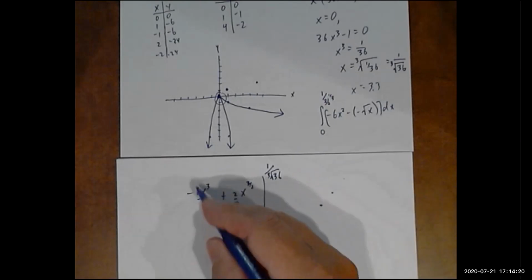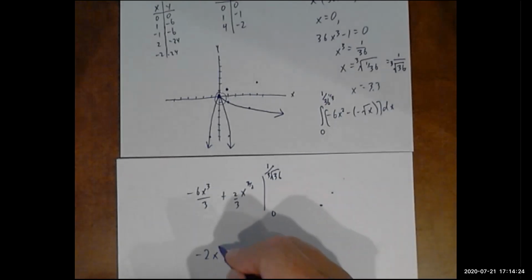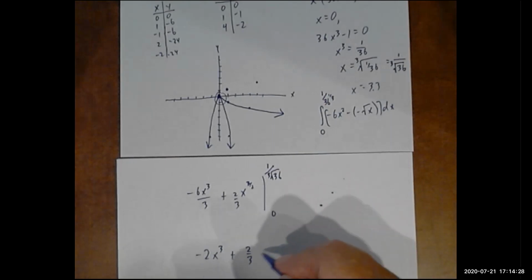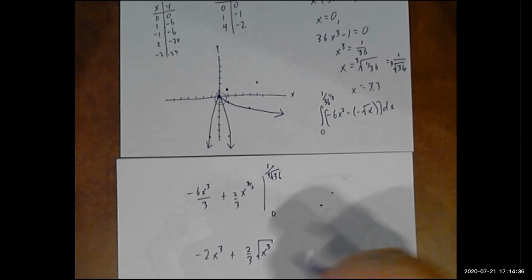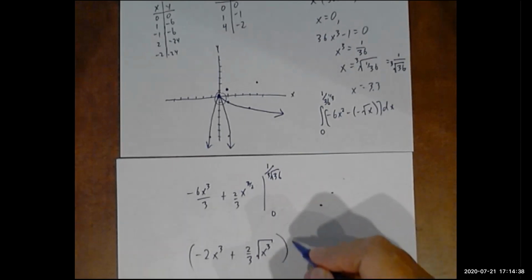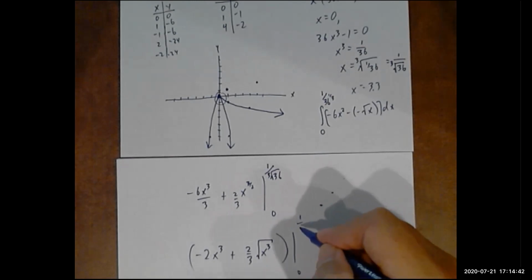So this ends up being negative 2x cubed plus 2/3. I'm going to write it like this, x cubed square root. From 0 to 1 over the cube root of 36.